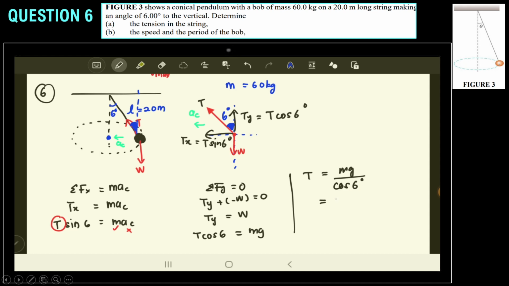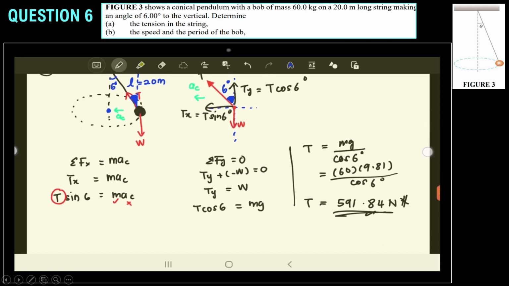We can substitute all the values: 60, 9.81, and cos 6 degree. So T is equal to 591.84 Newton. That's all.